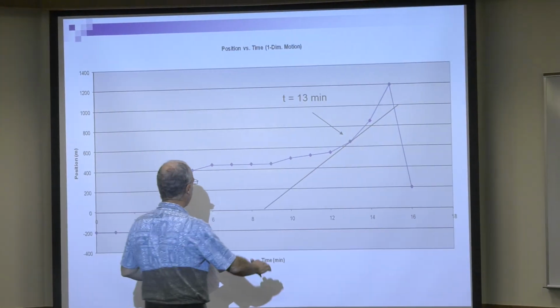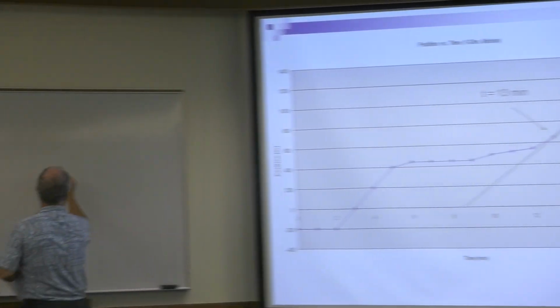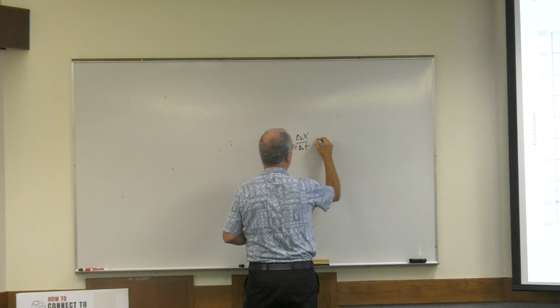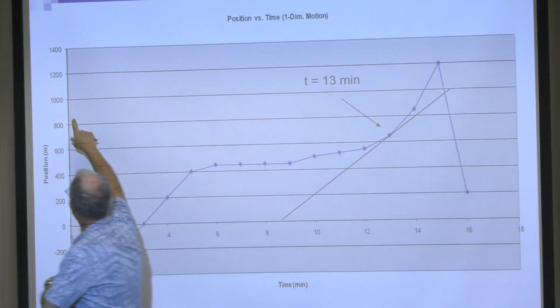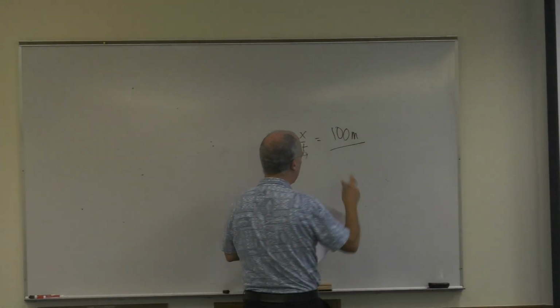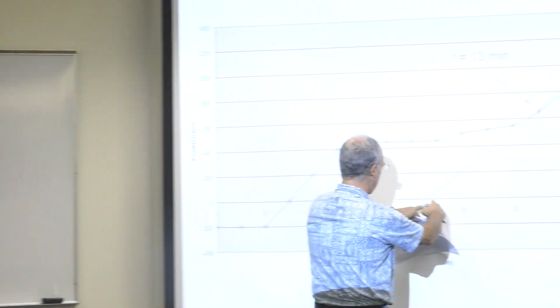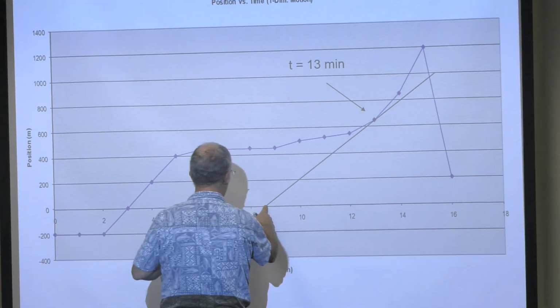Okay, so I went from this point to this point. So the velocity, again, is delta x over delta t. So delta x is 1,000 meters. And from here to here, I don't know, it's 15, that's like 9.